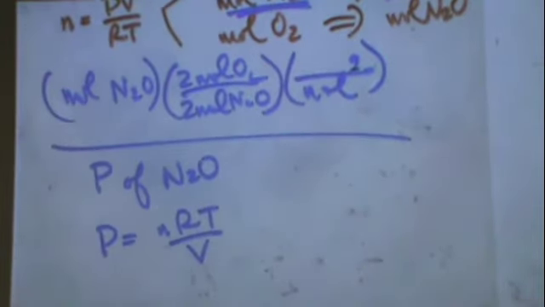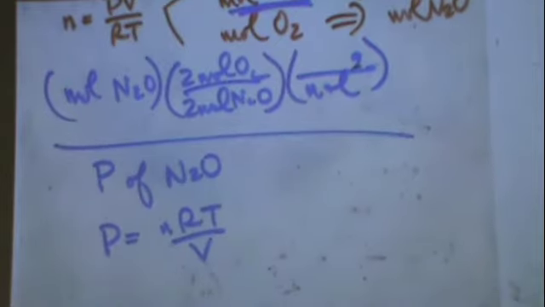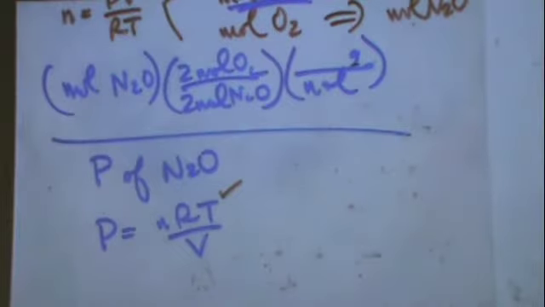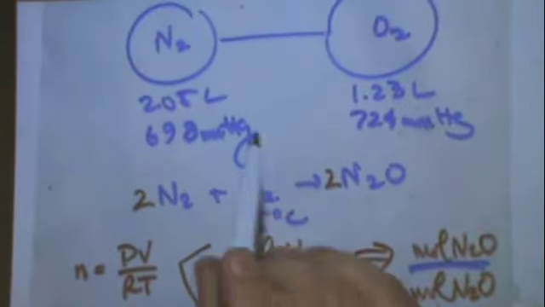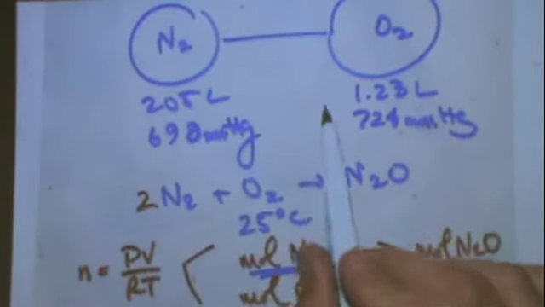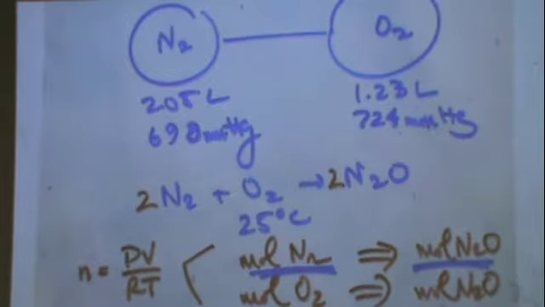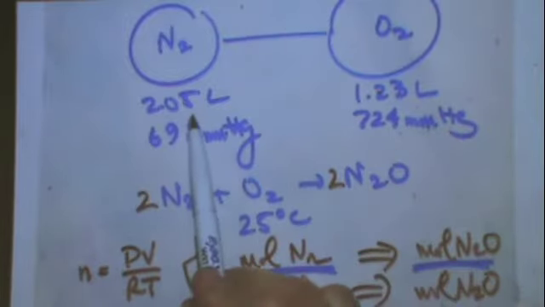There's my ideal gas law. Let's see what I have. First, I have temperature. Check. That's 25 degrees C. I change it to Kelvin. I have the ideal gas law constant. That's cool. Volume is the sum of these two numbers because the valve is open. So it's the sum of this and this.